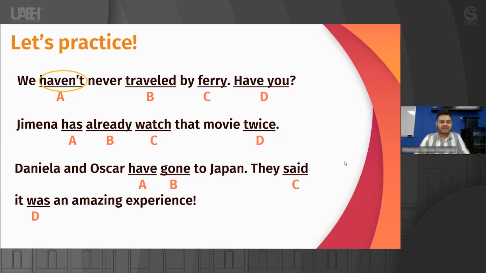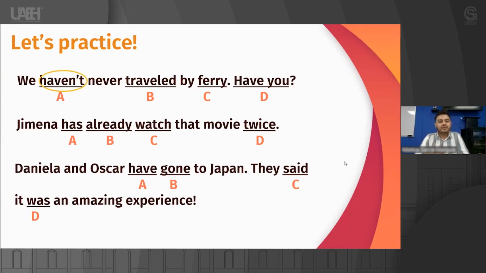And our last exercise. Daniela and Oscar have gone to Japan. They said it was an amazing experience. Why do you think the word gone is not correct? We just explained the difference between been and gone. If you believe that gone is incorrect because we're talking about an experience that's complete, you're right.